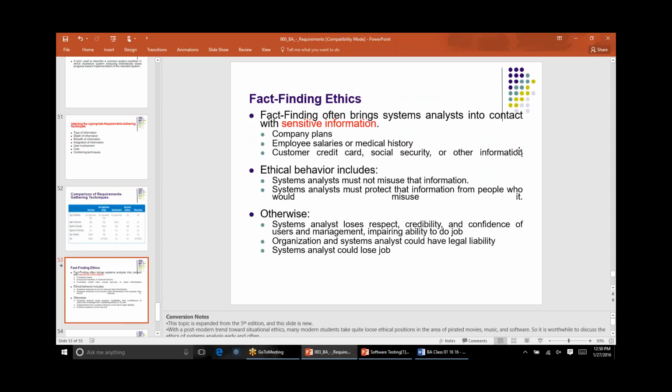Fact-finding ethics. In fact-finding ethics, we have various parameters in which we have to be careful. We have to have a proper plan. We have to be sensitive about information. We are not asking their salaries, medical history, personal information, credit card information, or social security number.